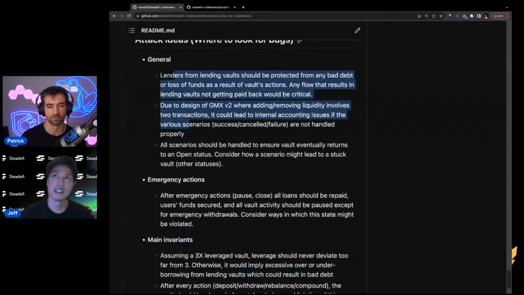But one of the biggest challenges we face in creating our strategy vaults is that GMX has a two-step process. You could be sending assets out in the first transaction, and then you have to wait for GMX to follow up with the rest of the transaction in a second transaction. That's where we need callback functions for GMX to call, in order for our strategy vaults to say, okay, GMX is done with those transactions, let's proceed with the rest of the flow.